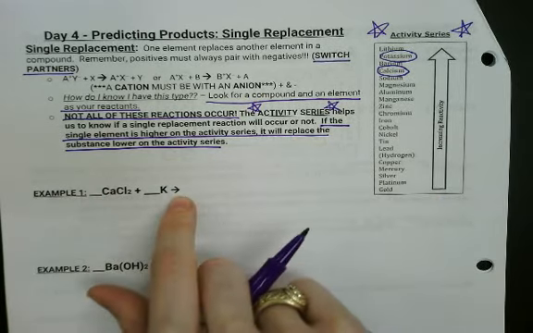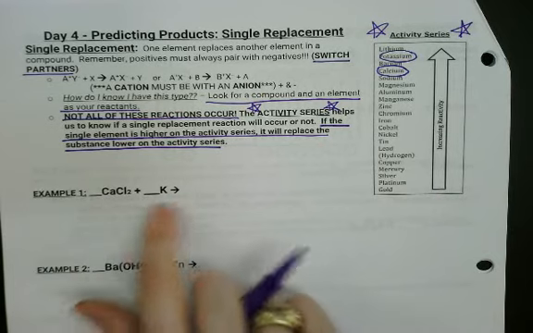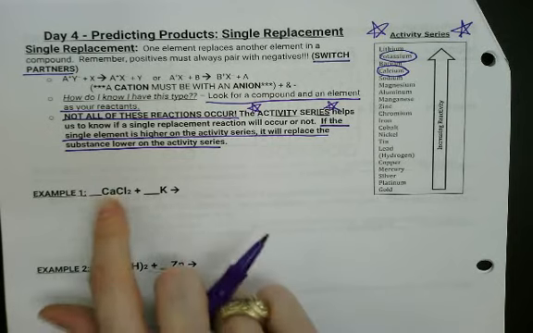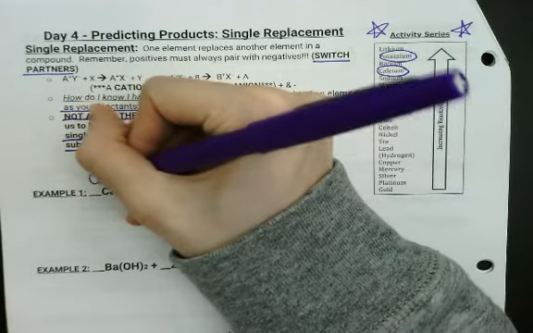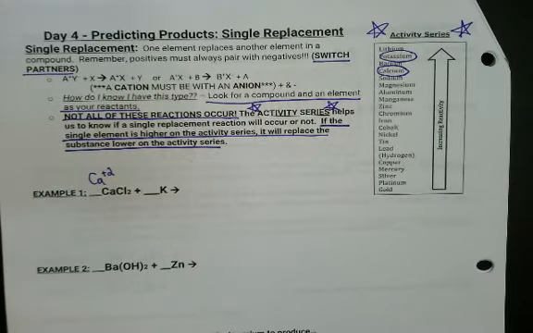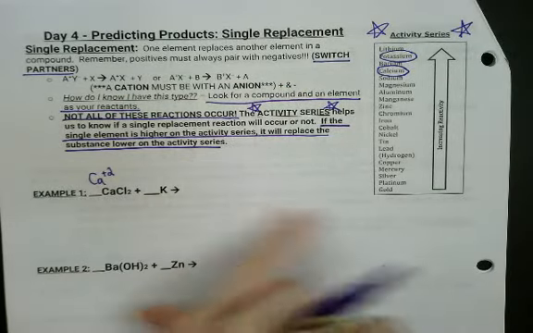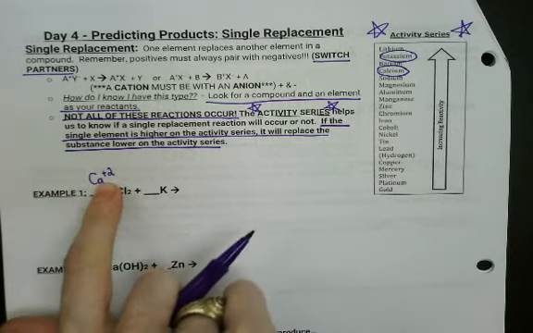So when we go to predict our products, we are going to need to consider the charges on our ions in order to write those products. So I would advise you to perhaps write the charges of your ions above your elements before you go ahead and write your products.